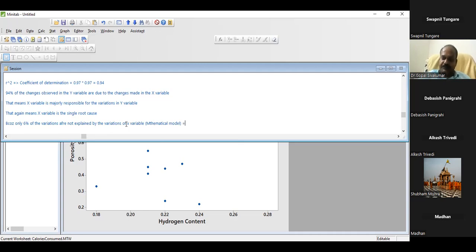What is your mathematical model? Simple linear model. Am I right?